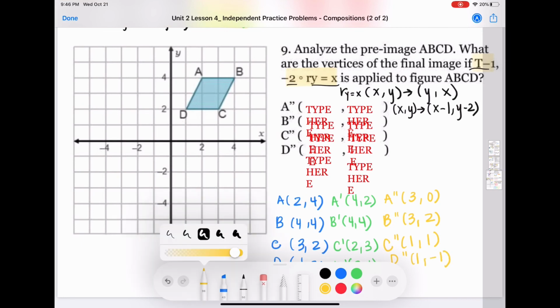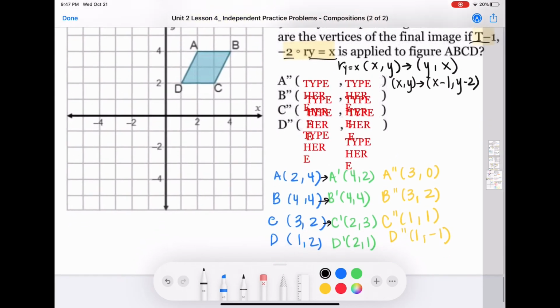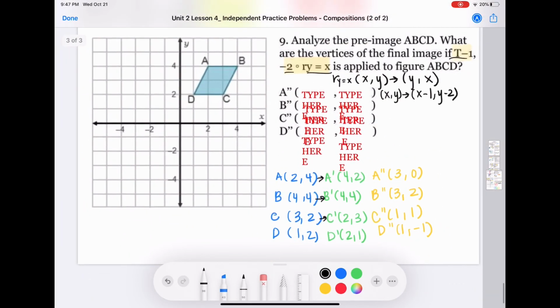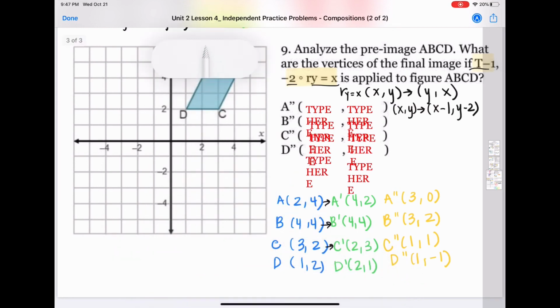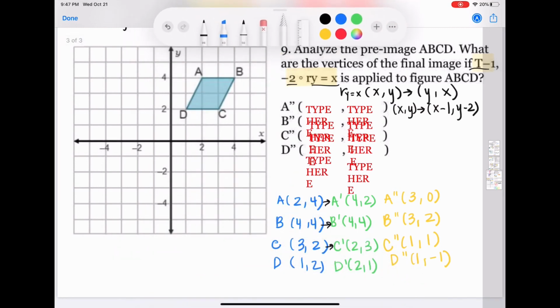So, as you can see here, we did our first transformation. The first thing we did was apply this mapping rule, which tells us to switch the x and y coordinates.